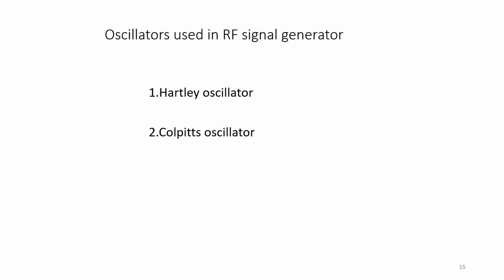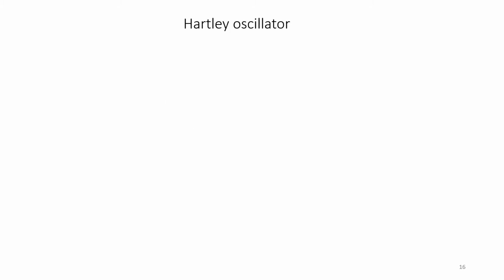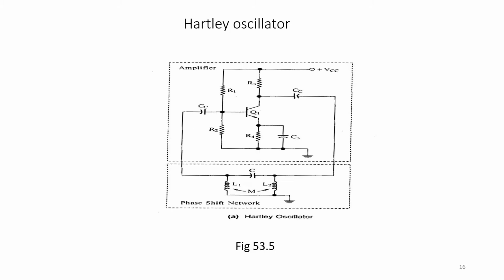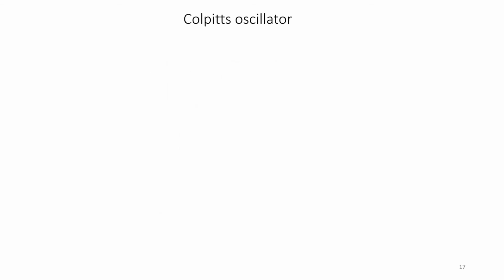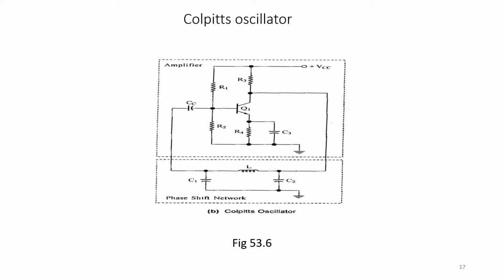They are nothing but radio frequency oscillators. They generate high frequencies. This is the basic circuit of a Hartley oscillator, which provides us the output signal across the tank circuit shown. And this is the Colpitts oscillator.